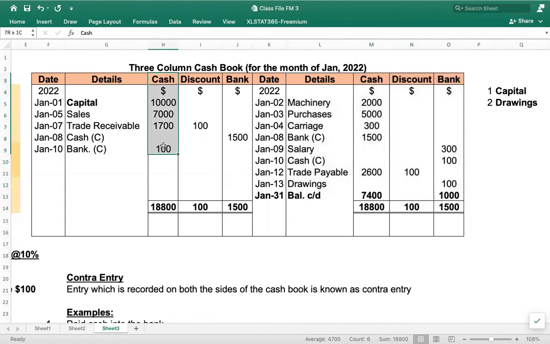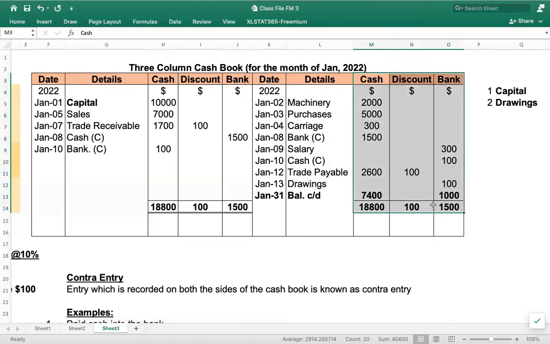Yes, when I get cash or when I get a check, both cash and bank will increase, so I will record on the debit side. And when will cash and bank decrease? When you have to pay for expenses or pay off liabilities. When I pay by check or when I pay by cash, then cash and bank will decrease. Decrease in asset, credit.